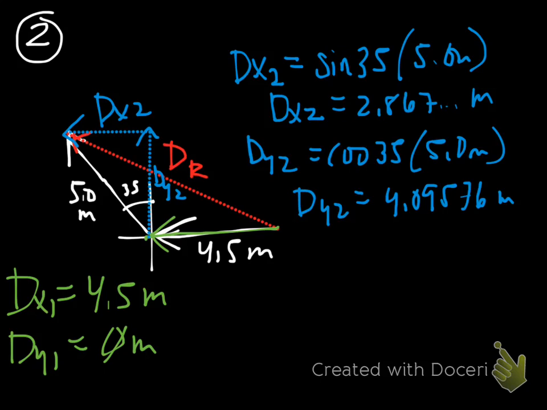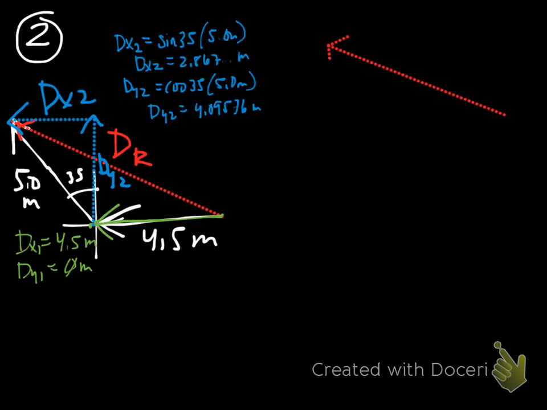In the resultant vector overall, there is the total x displacement, and there's your total y displacement. So dx total, dy total.